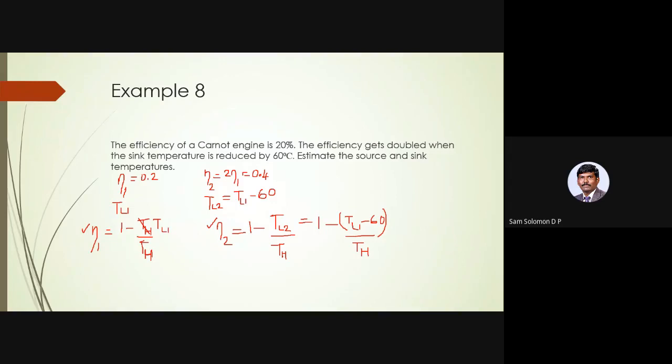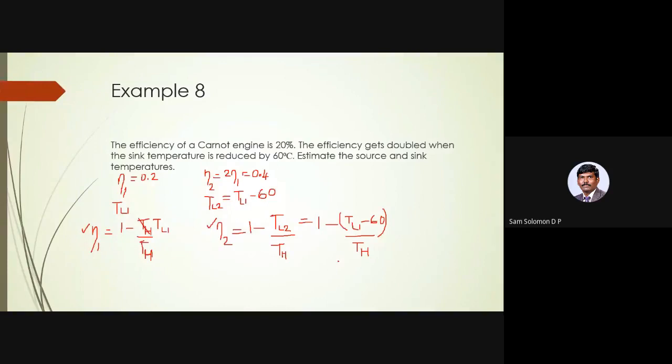So you should be very careful. Whenever there is a difference in temperature, don't be in a hurry to add 273. You will end up with a wrong answer. It's good that you asked. Every one of you keep in mind, whenever you have a difference in temperature, it is simply 60. 60 degrees centigrade is the same as 60 Kelvin for a difference. So please keep that in mind.